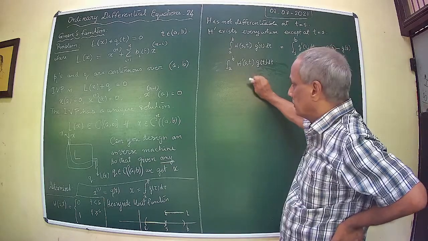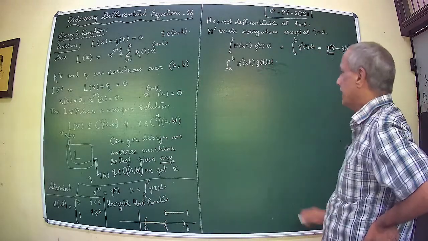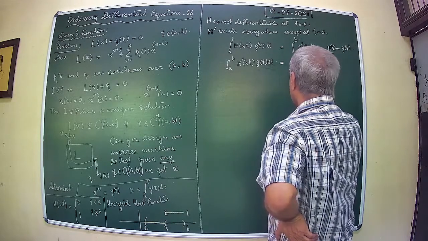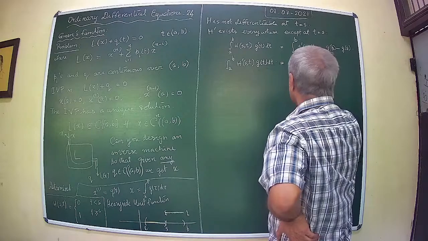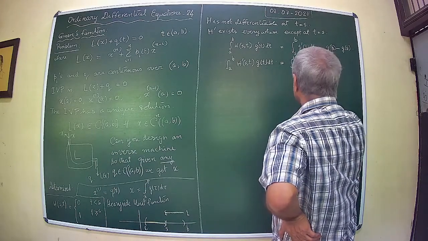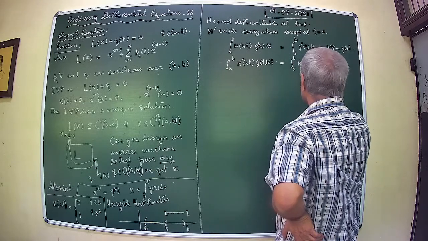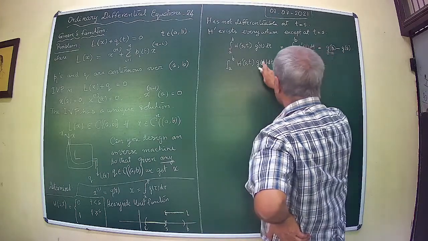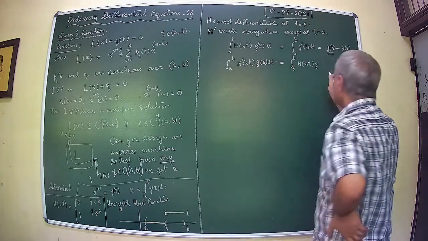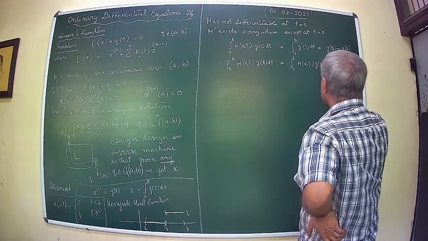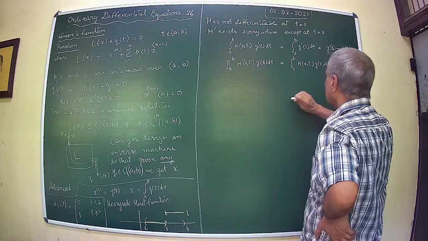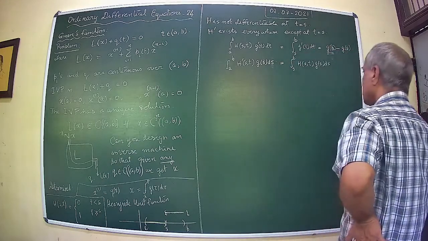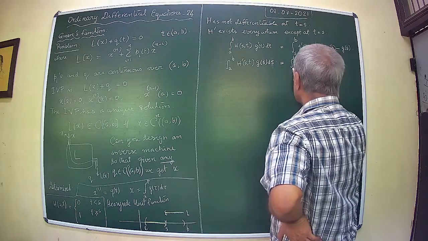Had this been a nice function, you can integrate by parts and you end up with the integral from s to b, with a minus sign.